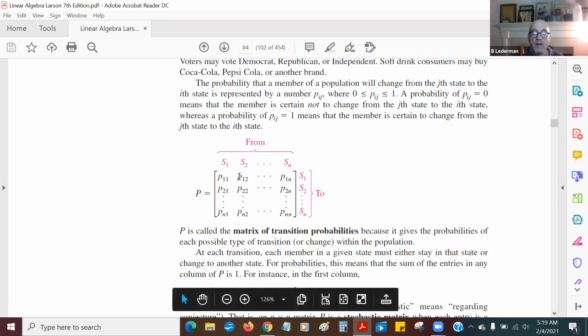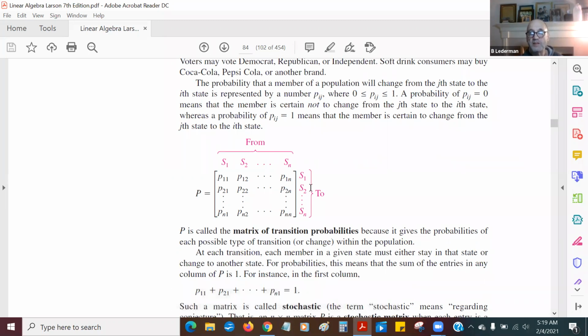For example, P22 is the probability that somebody in state 2 is going to remain in state 2. Again, by state, I don't mean states like New York or Oklahoma. I mean states like having a poodle versus a Labrador versus no dog. Think of it as status instead of state.